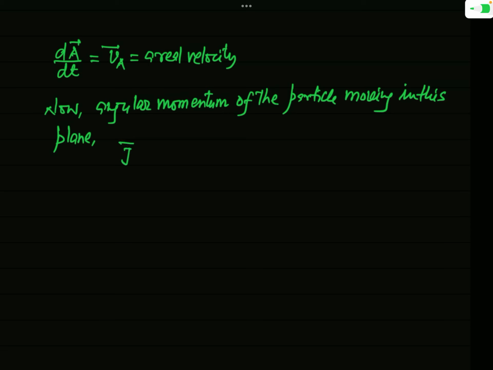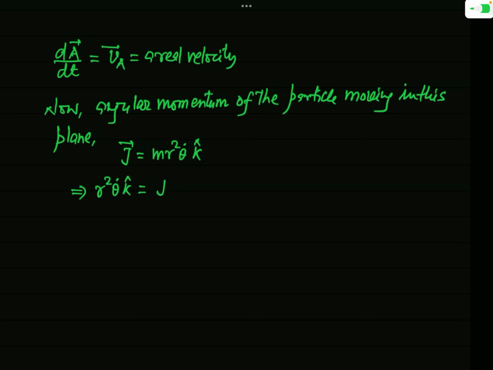that J is equal to mr square theta dot times k hat. Okay, so what will be this r square theta dot k hat?